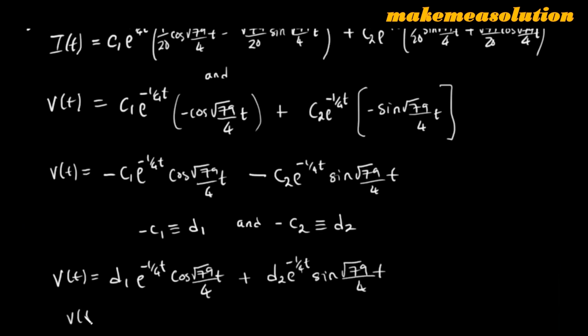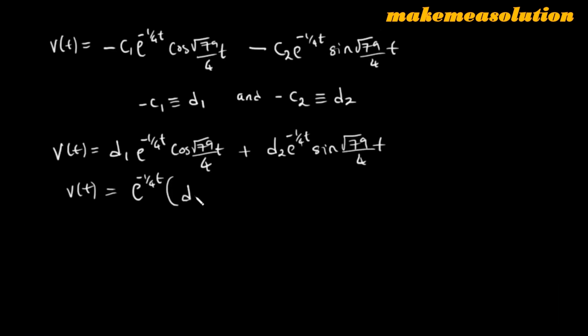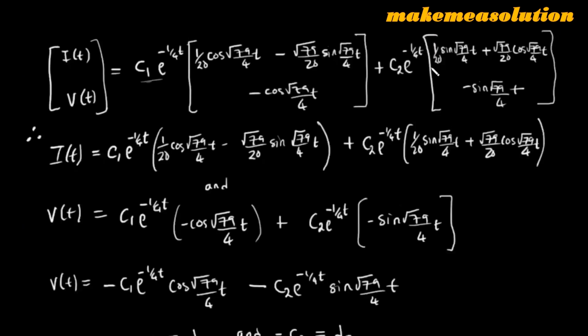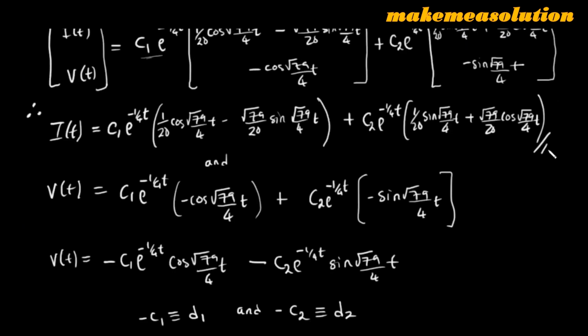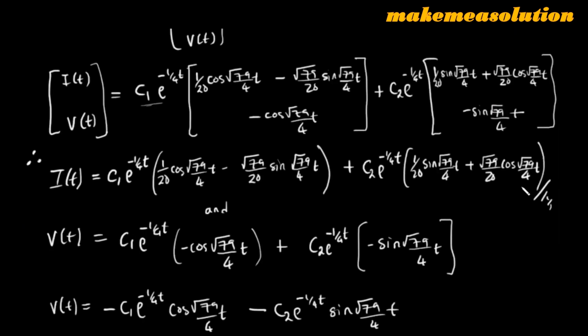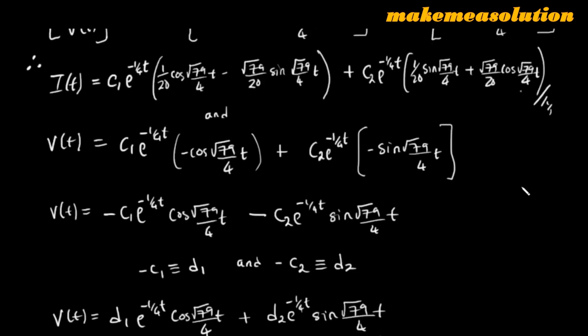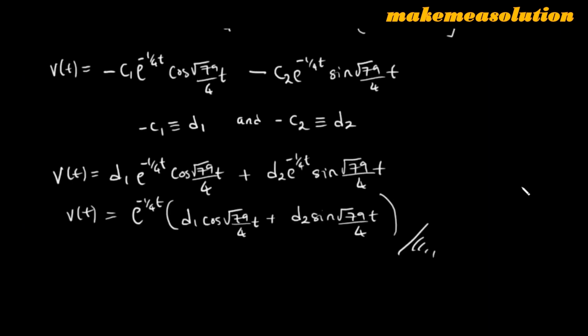Or if you want to be more professional, you can say exponential minus 1 over 4t, brackets, d1 cos root 79 over 4t plus d2 sine root 79 all over what? 4t. So these are the time domain solutions of our v of t and our i of t. And you can find these arbitrary constants if you know the initial condition of your system. So with this, we've come to the end of this particular problem.